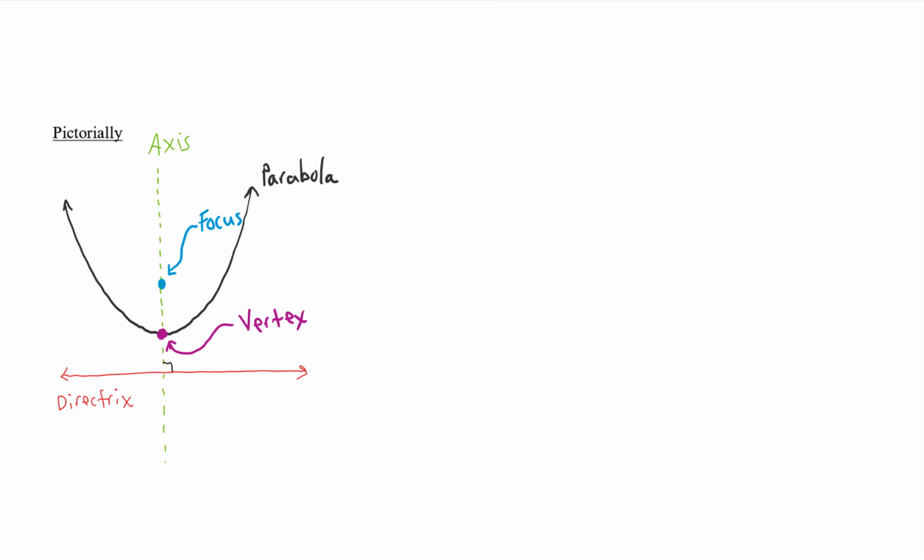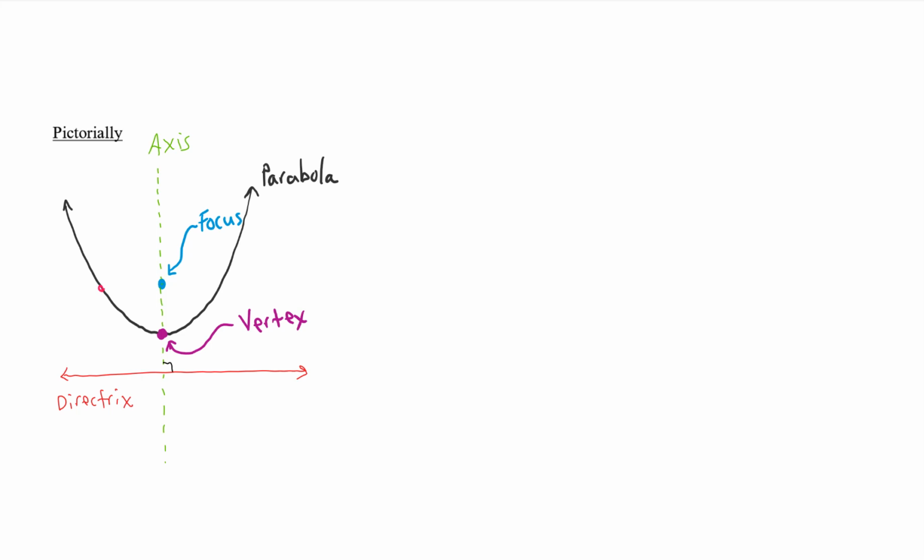So when we go to graph these parabolas by hand, I'm going to use something called the latus rectum to do it pretty quickly. What the latus rectum is, it's a line segment. It's not a whole line, it's a line segment. Basically, it's a line segment that's parallel to the directrix, containing the focus, whose endpoints are on the parabola.